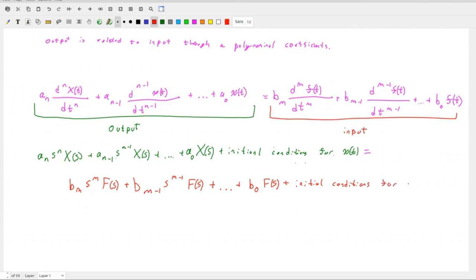But this is our forcing, so it's for f of t.